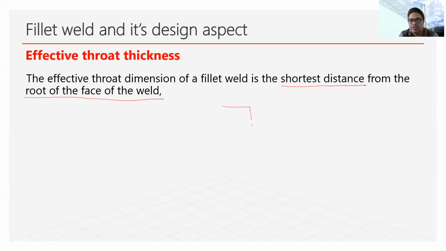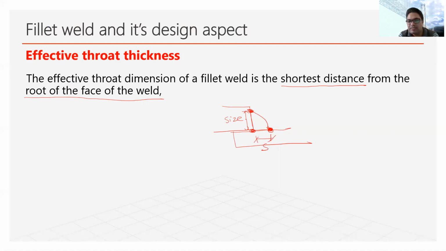Say, for example, this is the plate, and welding has taken place like this. We know this part is called the root, sorry, this part is called the toe, and this part is also called the toe, and this part is called the root. This length is called the size of weld, and this is also the size of weld.